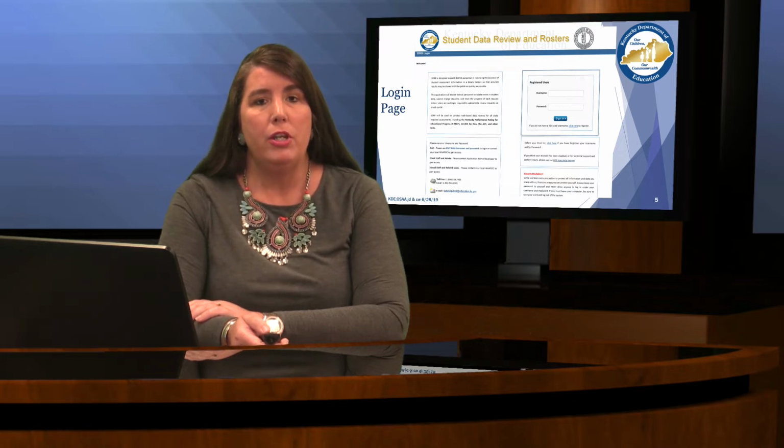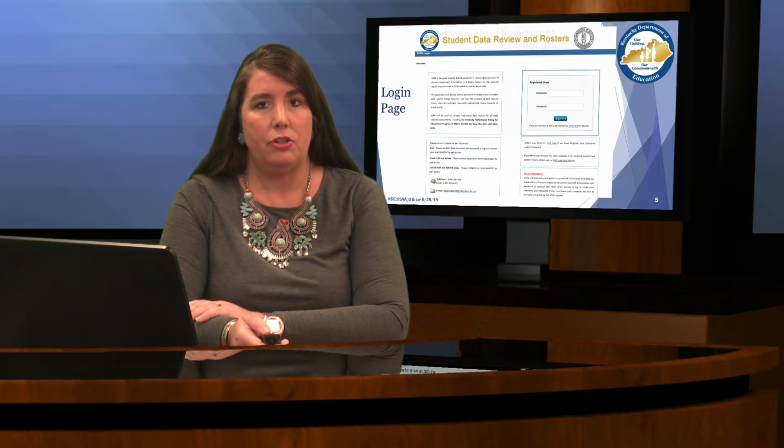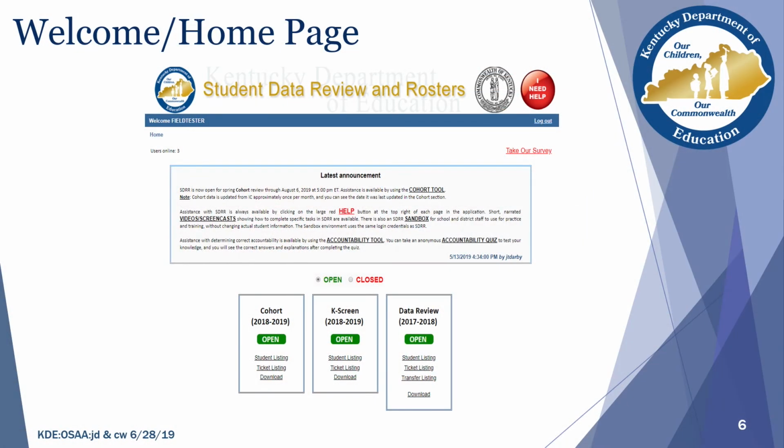Now, when you get into SDRR, like I said, enter your username and password. Then you're going to go to the next screen. On that screen, it's going to show you the latest announcements. It'll also tell you what's open. And like I said, for this presentation, we're going to be talking about the K-Screen.